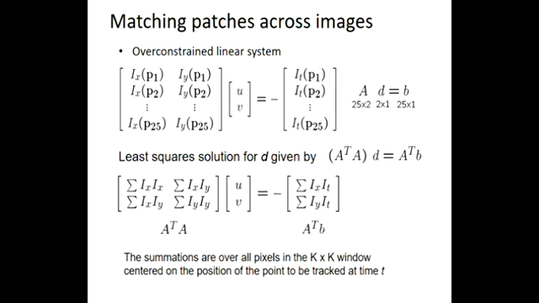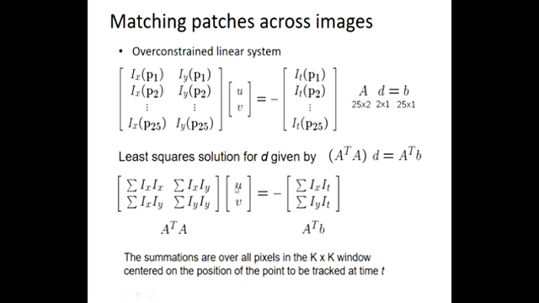Now A transpose A is actually just the sum of x gradients squared over the patch in the upper left part of the diagonal, the sum of y gradients squared over the patch in the lower right of the diagonal, and the sum of x gradients times y gradients over the patch in the off diagonal.